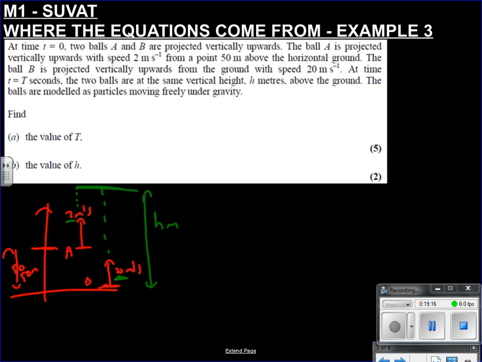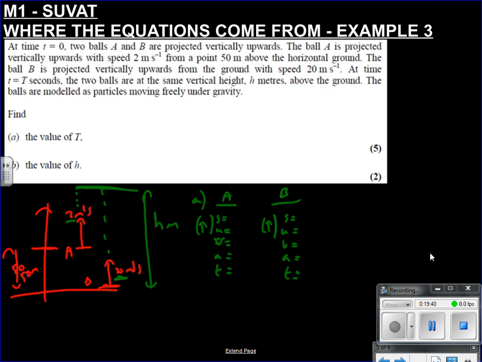Okay. So all we can do for this is generate SUVAT tables for both A and B. S, u, v, a, t for each. For A, let's think about it.